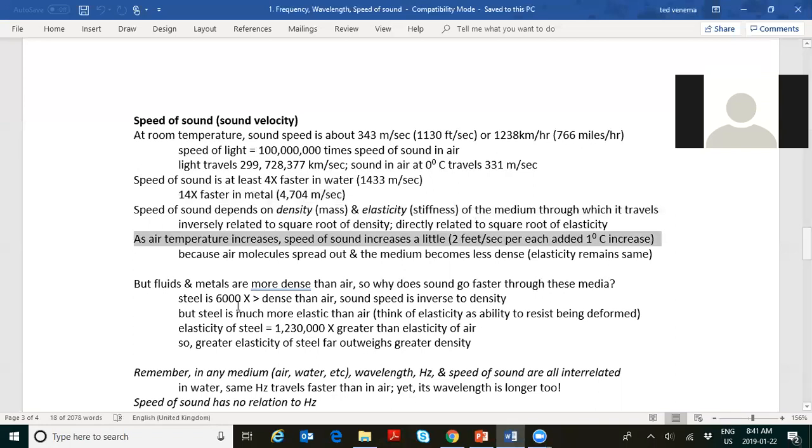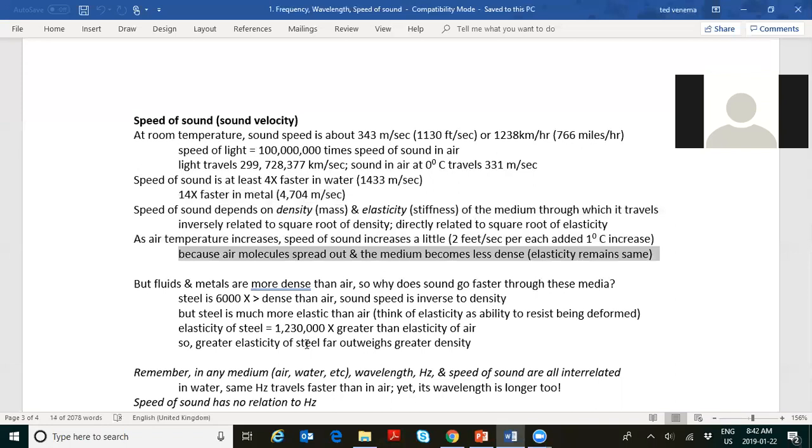Speed of sound goes a little bit faster when it's hot than when it's really cold, because the air molecules are a little bit more spread out and the medium becomes a little bit less dense when it's hot. So the more dense something is, write this down in your notes, just scrawl this down somewhere in the margins: the more dense, the more mass something has, the slower sound will go.